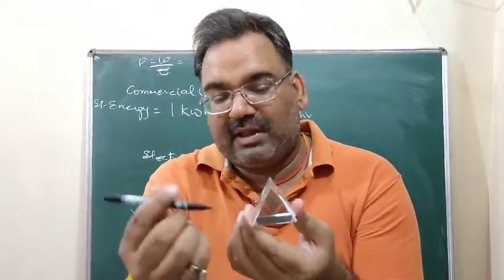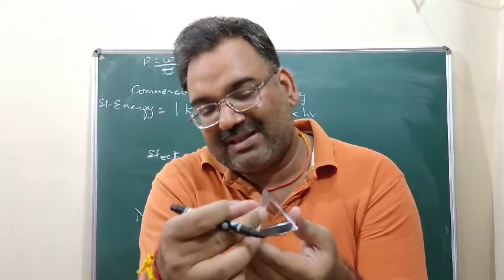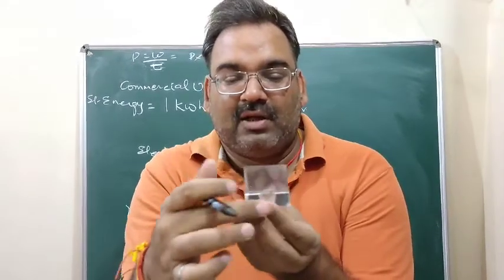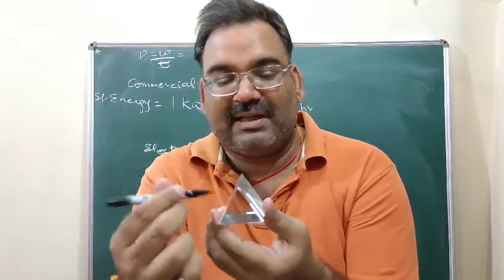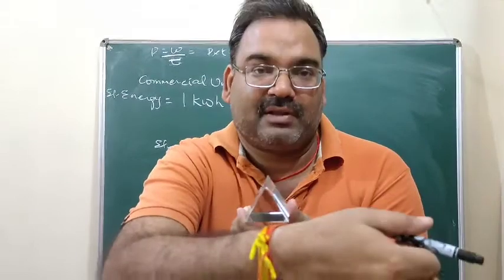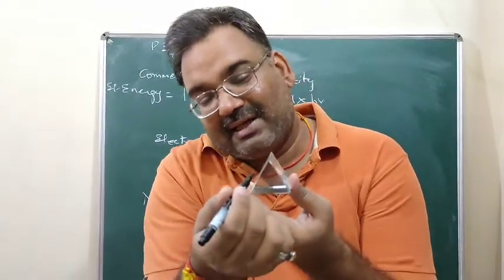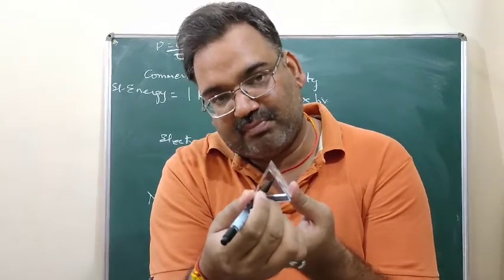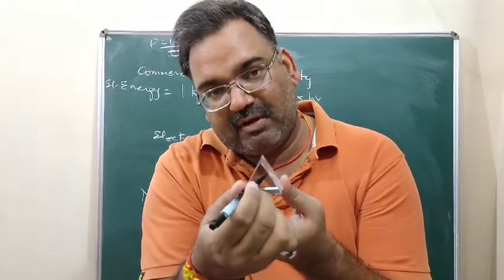So the refracted ray is not passing through this line, it is passing through this surface. This whole surface. It is going through this and emerging out from this surface. And the angle between these two planes is known as the angle of prism.